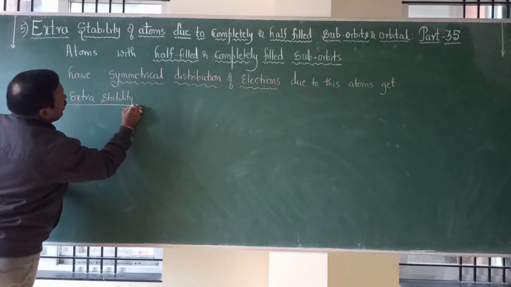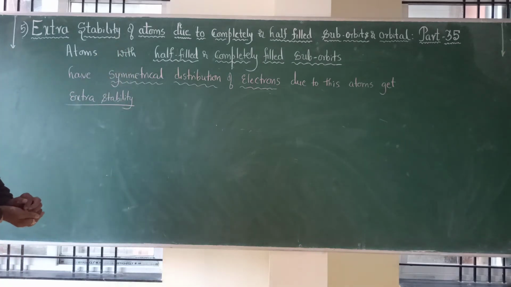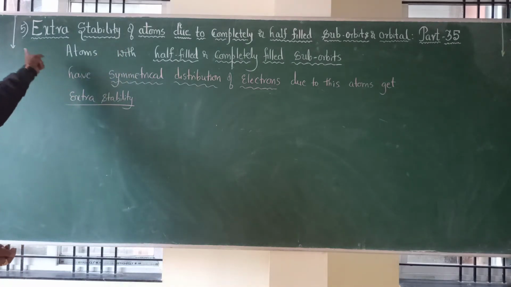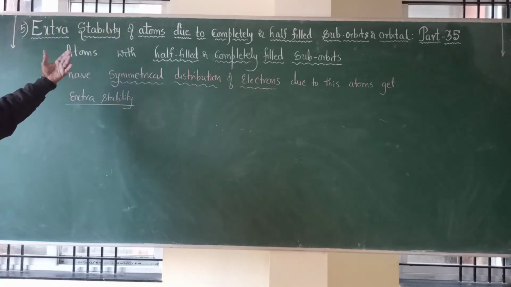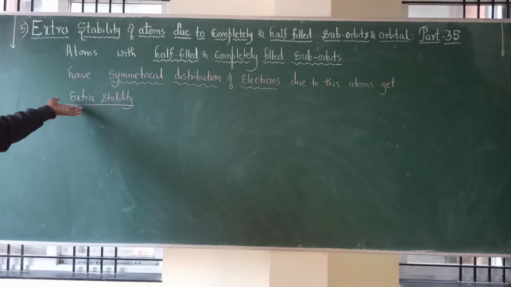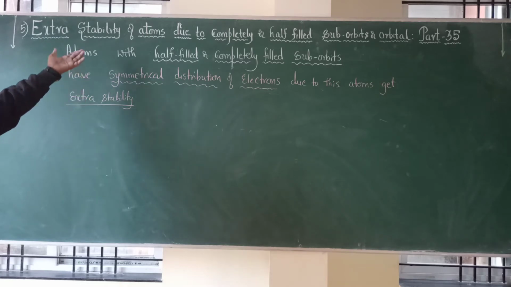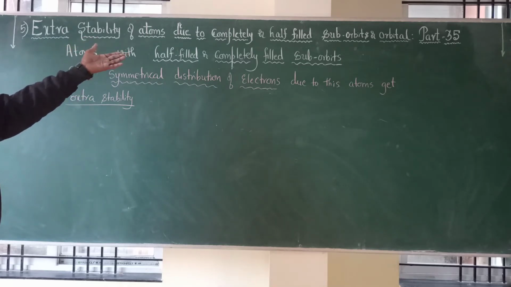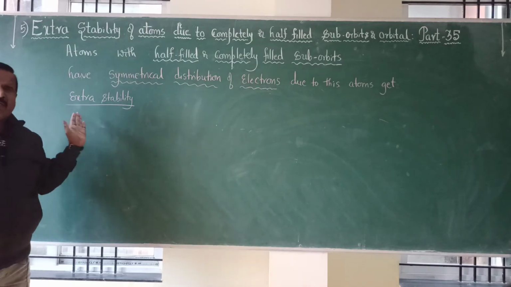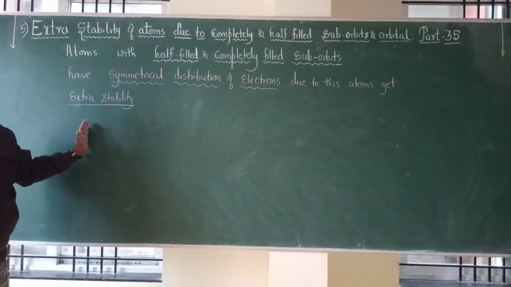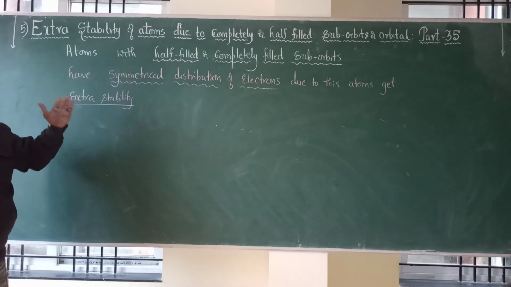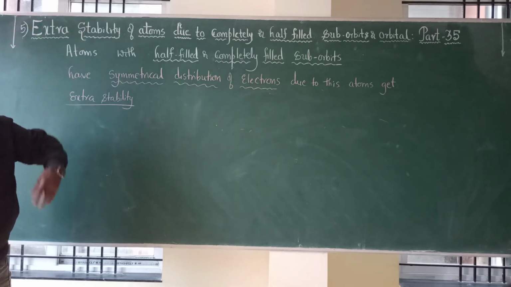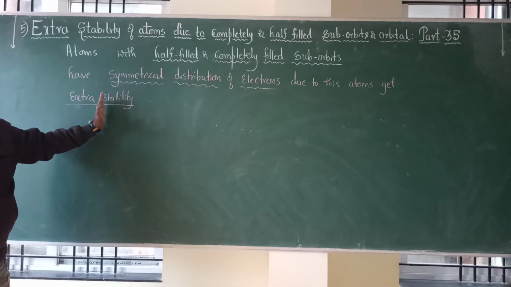The one reason already you know is half filled, because of exchange energy. Exchange energy is released, which makes the atoms stable, and when they are completely filled, they achieve the inert gas structure or rare gas structure, the noble state, that is noble elements or noble gases.